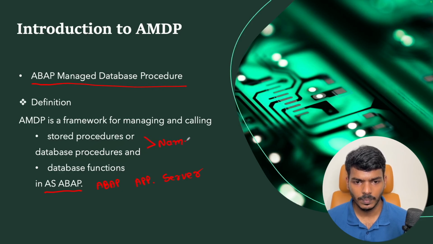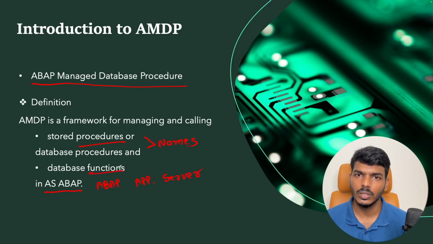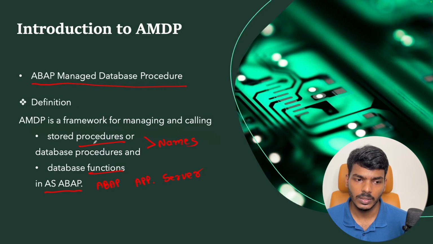These procedures and functions are nothing but pieces of code which are written on the database and execute on the database. So let's read it again. AMDP is a framework for managing and calling pieces of code written on the database, executed on the database, but managed from the ABAP application server.